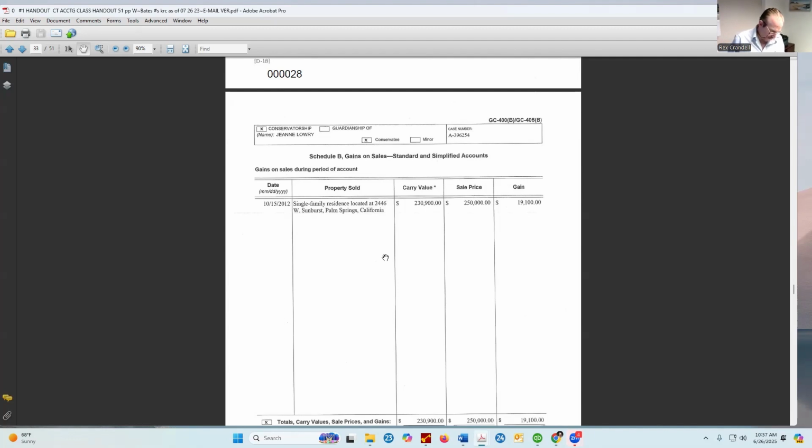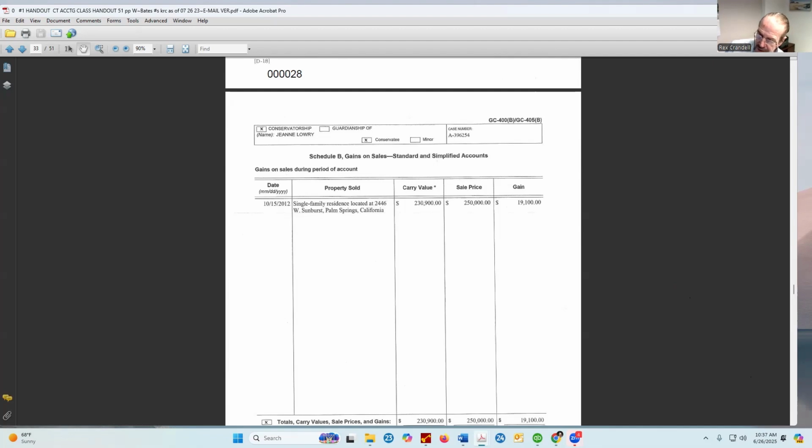So what you want to get is what they call the final real property closing statement, not the preliminary closing statement, and list out the gross sale price and what the carry value was. And the form says this is the gain.